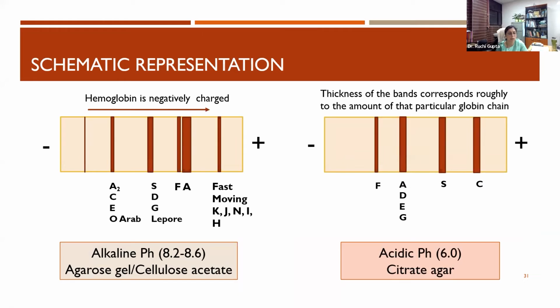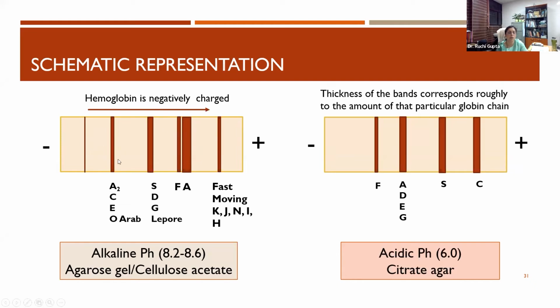But these are the regions where other abnormal hemoglobins can also migrate, like hemoglobin C, E, and O will co-migrate with HbA2. Similarly, sickle, D, G, and Lepore migrate in between A2 and F or A. And then you have these alpha gene variants or the fast-moving hemoglobins like K, J, N, I, H, and so on, which migrate even more anodal to the hemoglobin A molecule.